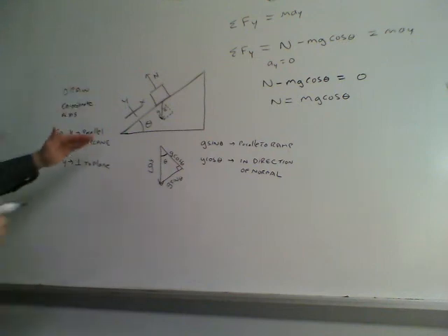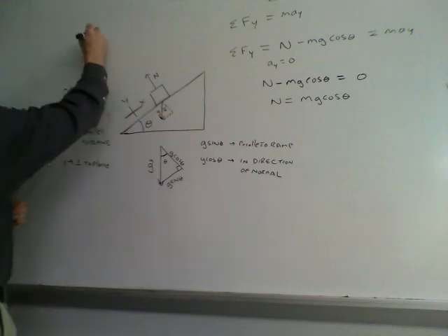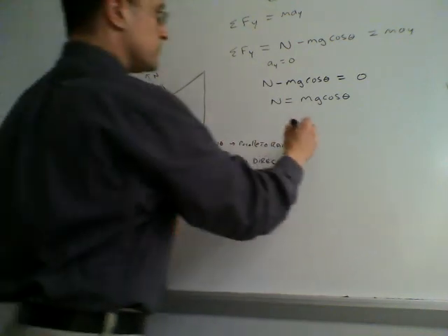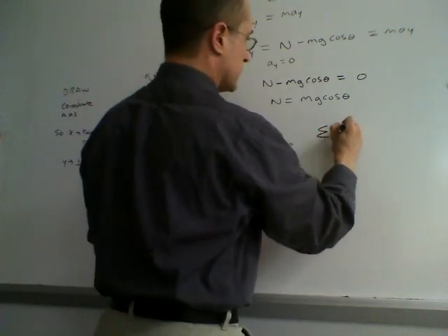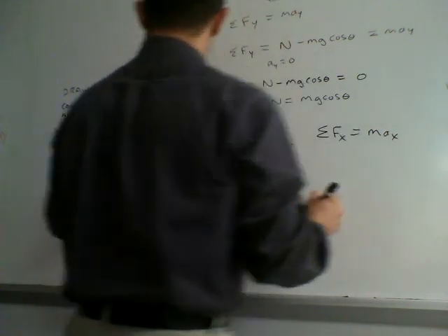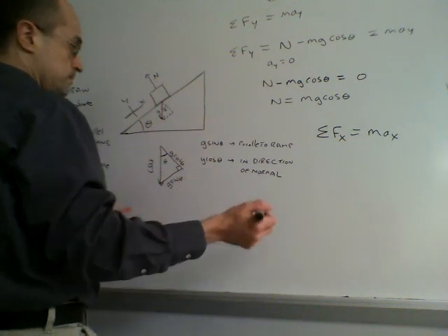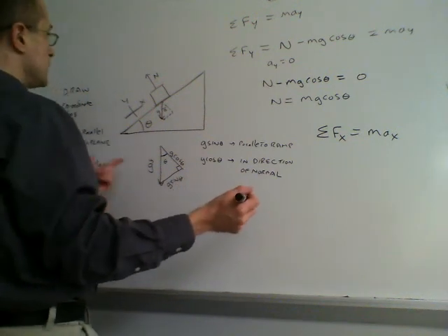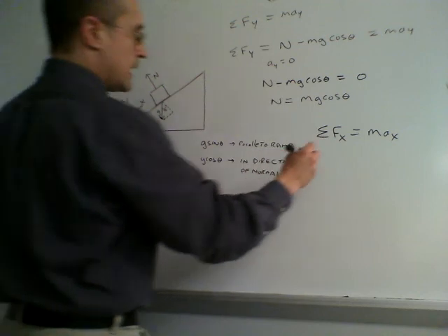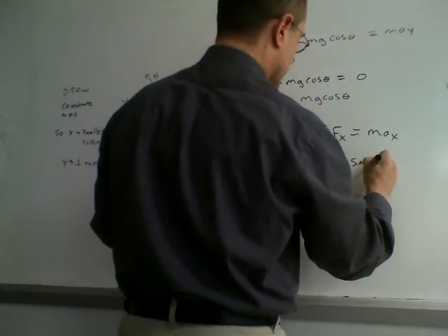Now what's happening in the direction parallel to the plane? When we sum the forces there, the sum of the forces in the x is MAX. But parallel to the plane, there's only one force acting, and that's going to turn out to be mg sine theta.